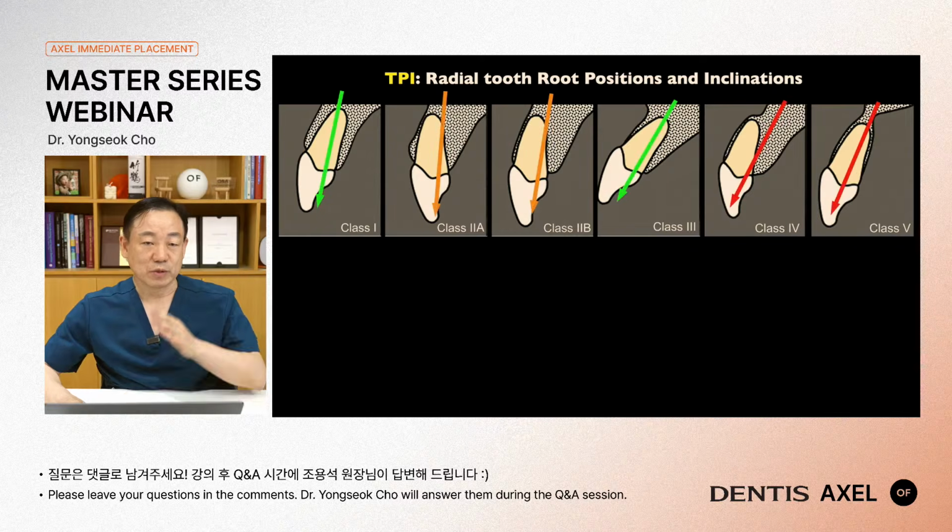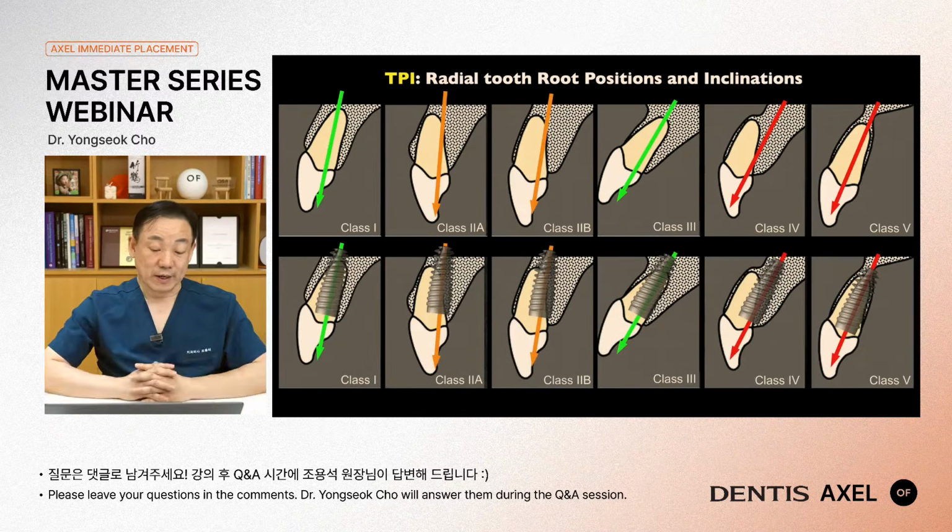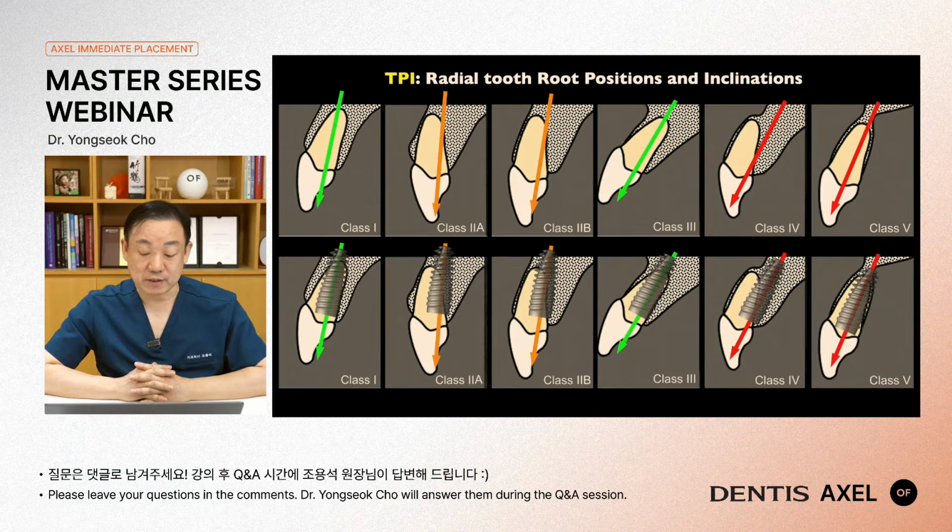Ideally, it is better to make the angulation toward the cingulum, but it is not always easy or possible, depending on the classification. In class 1 and class 3 cases, it is relatively easy to direct the implant angulation toward the cingulum.